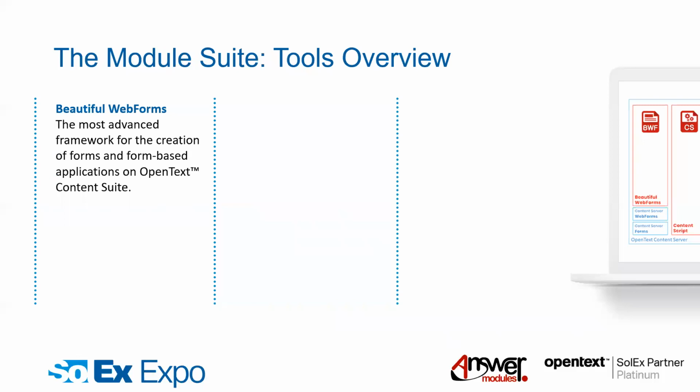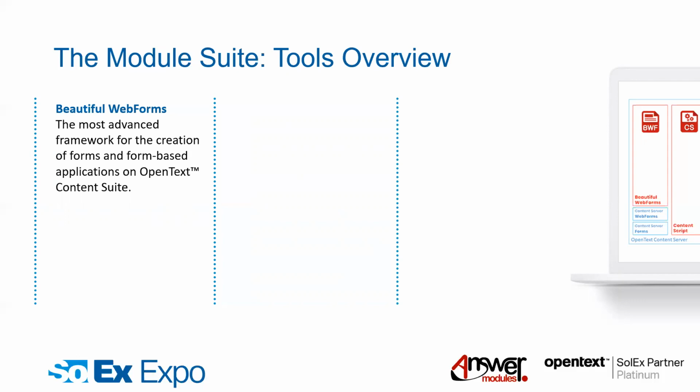Now, Module Suite, as I mentioned, is a collection of tools, technology, etc., but it's really composed of 4 main modules. The first is Beautiful Web Forms, which is an enhancement to the standard form framework. And this is actually the most advanced form solution available for Content Suite.